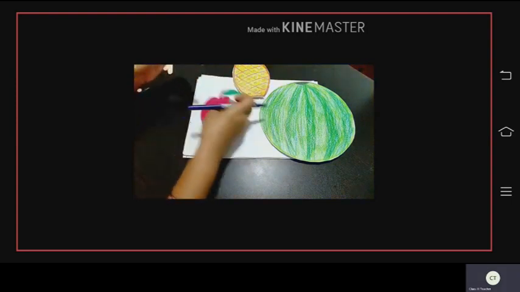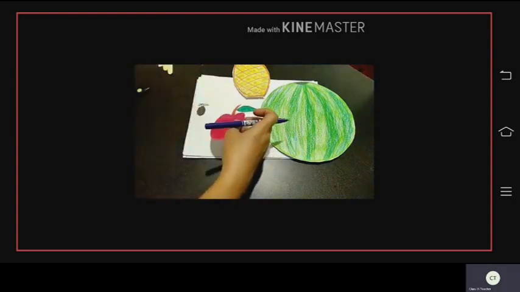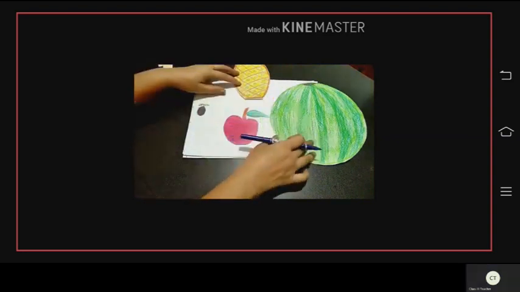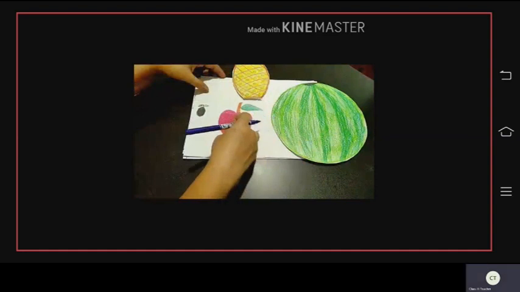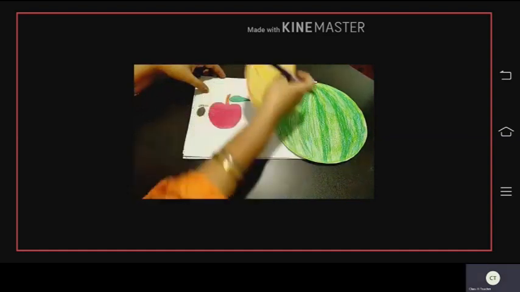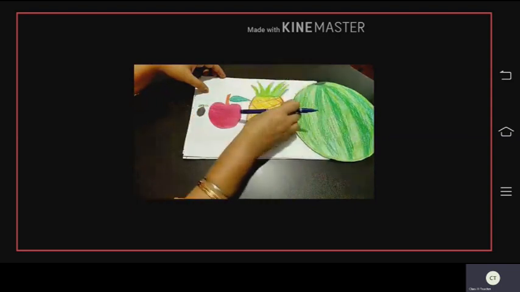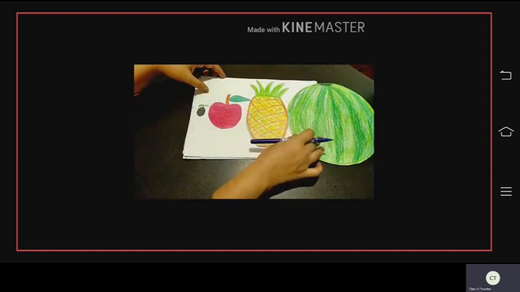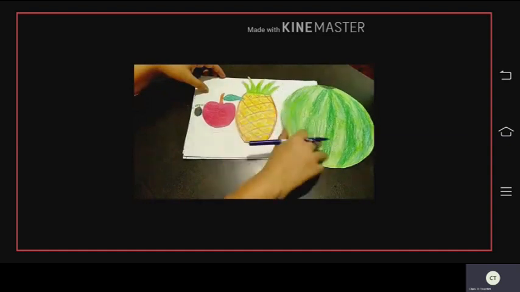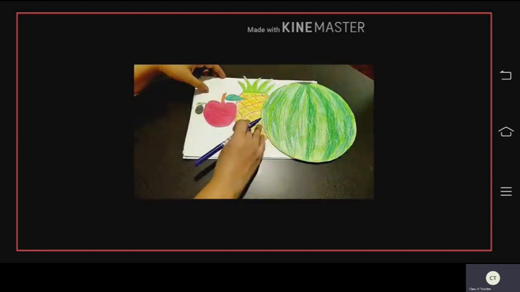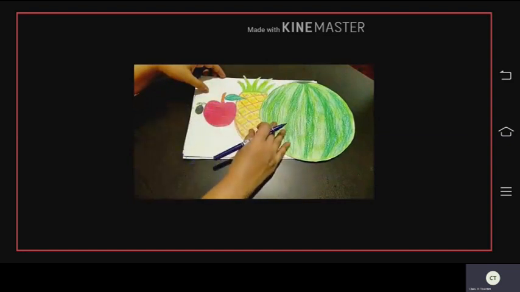Now, I am keeping the black grape in the first place. The second fruit should be an apple? Yes, correct answer. And in the third place, we have to keep the pineapple. And in the fourth place, watermelon, because watermelon is the biggest fruit here. We have arranged these fruits in ascending order from the smallest to the greatest.